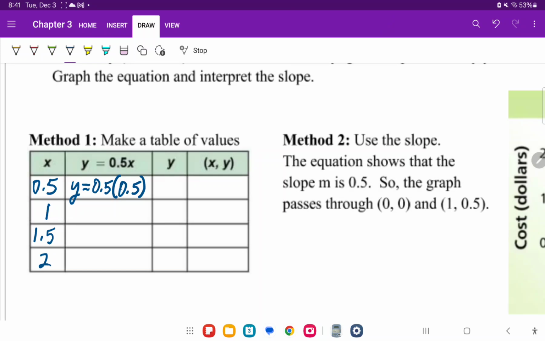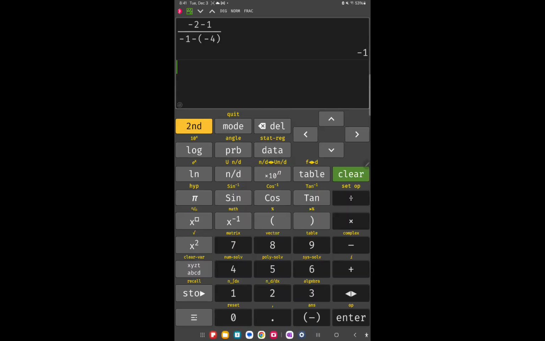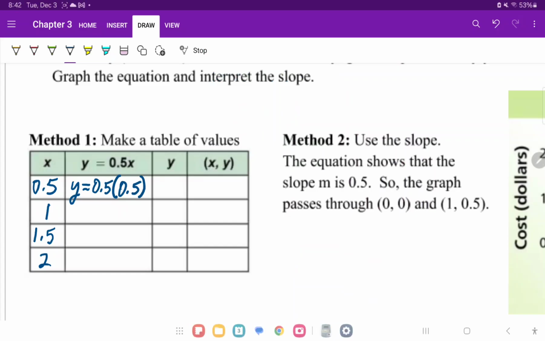So we're going to do 0.5 times 0.5. What do you get when you do that? 0.25. So what is our data point then? 0.5, comma, 0.25.